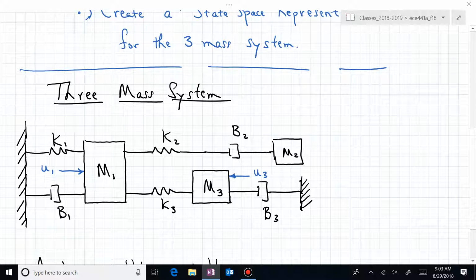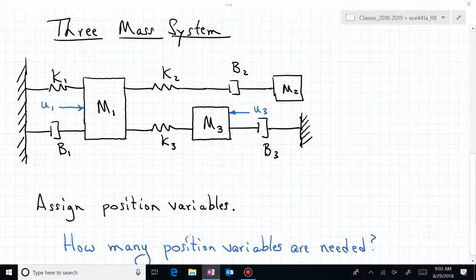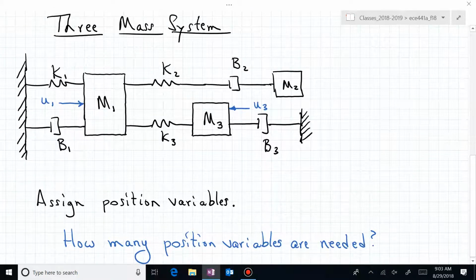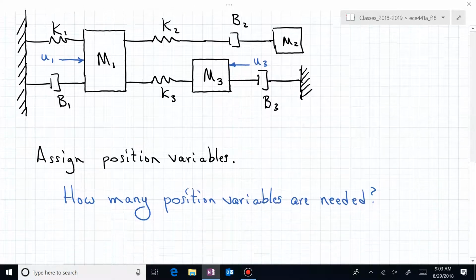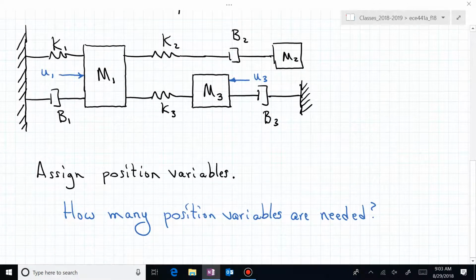Now that you are sketching that, I want to ask the following question. We need to assign position variables when we are modeling this system. How many position variables are needed for this particular system? Are we about finished with copying that down?